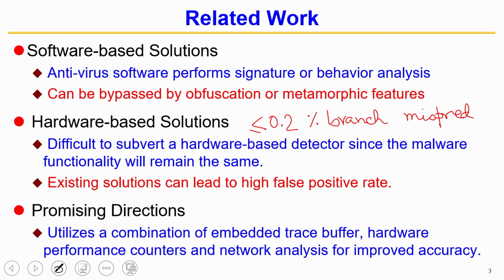Those are fake branches with no effect on the functionality, because as a malware I want to do some functionality. Remember, ransomware tries to encrypt the code; those branches have no meaning, like if i greater than 5 and all that stuff, and you know that i will not be 5. You can add similar branches, and the way the processor deals with them is that when they get mispredicted, they convert into no operation.